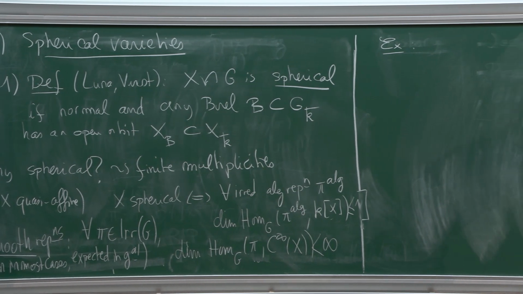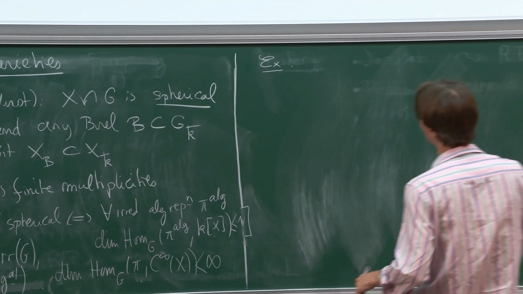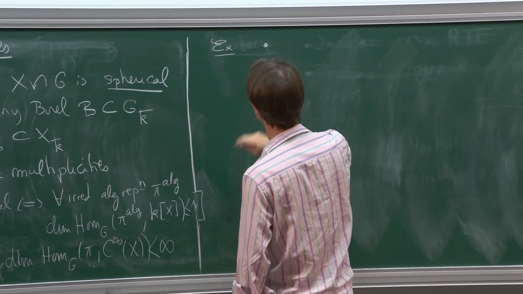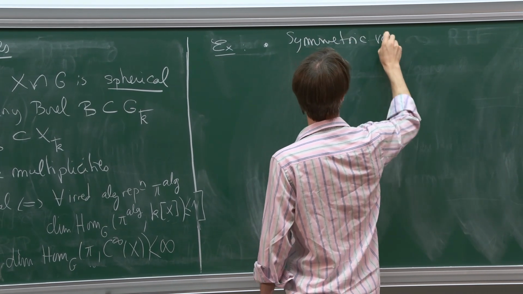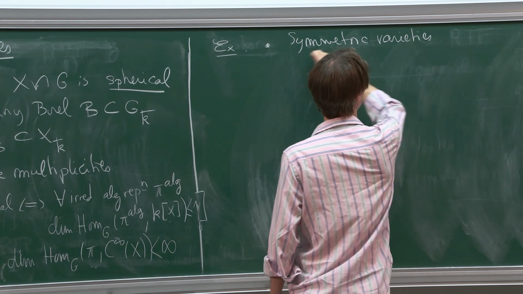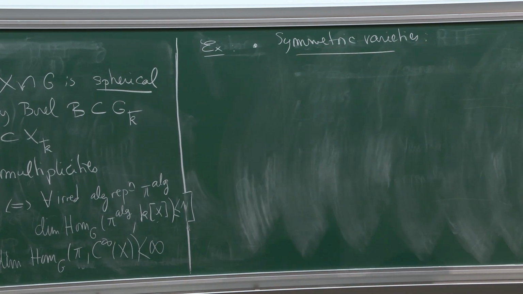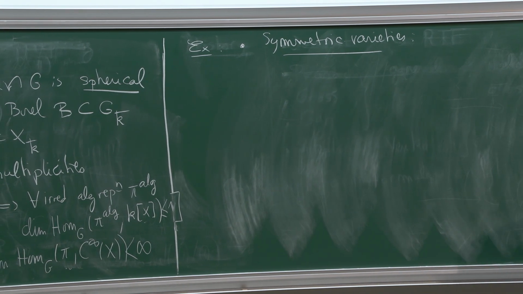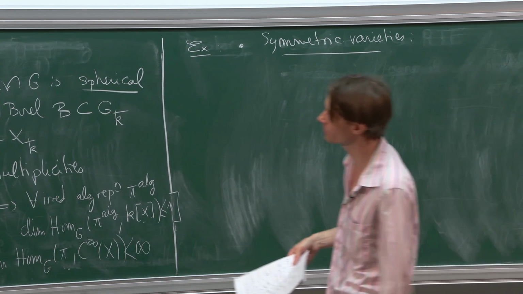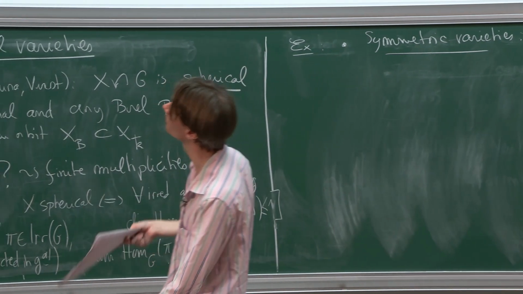Because there are many spherical varieties in nature, actually. So the first main source of spherical varieties are the so-called symmetric varieties. And I should say that I will mostly talk about homogeneous varieties today and tomorrow, because somehow only the birational equivalence class of X will matter for some of the discussion.